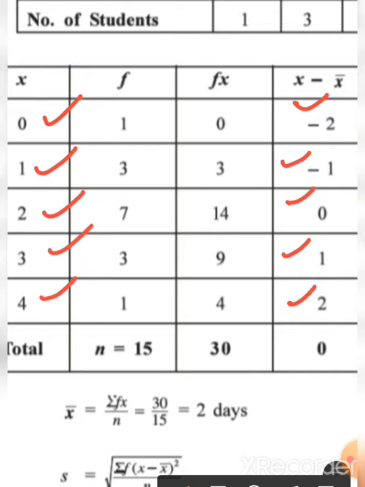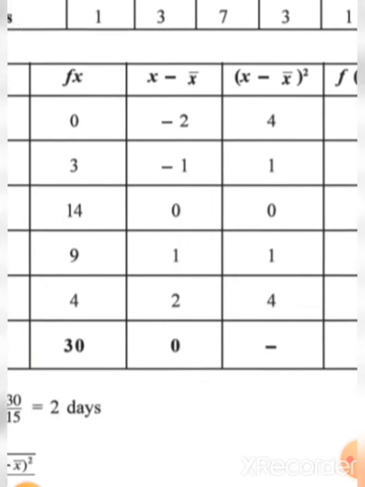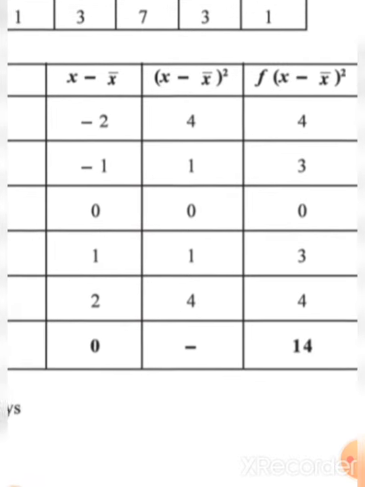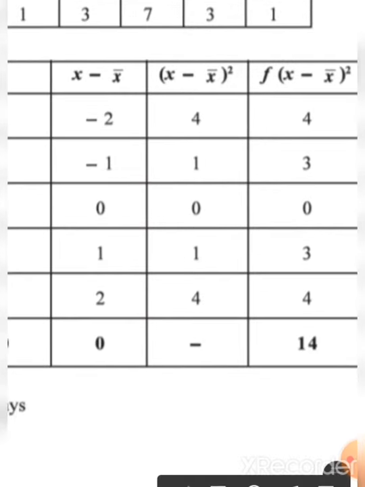But we don't actually need the total of this, we need to have the square of it. So we will have the square of xi minus x bar.